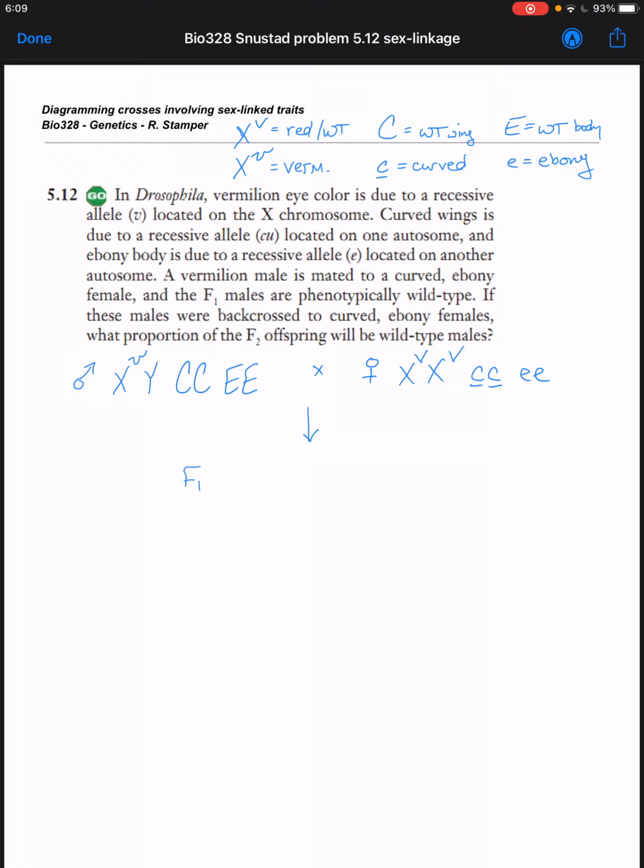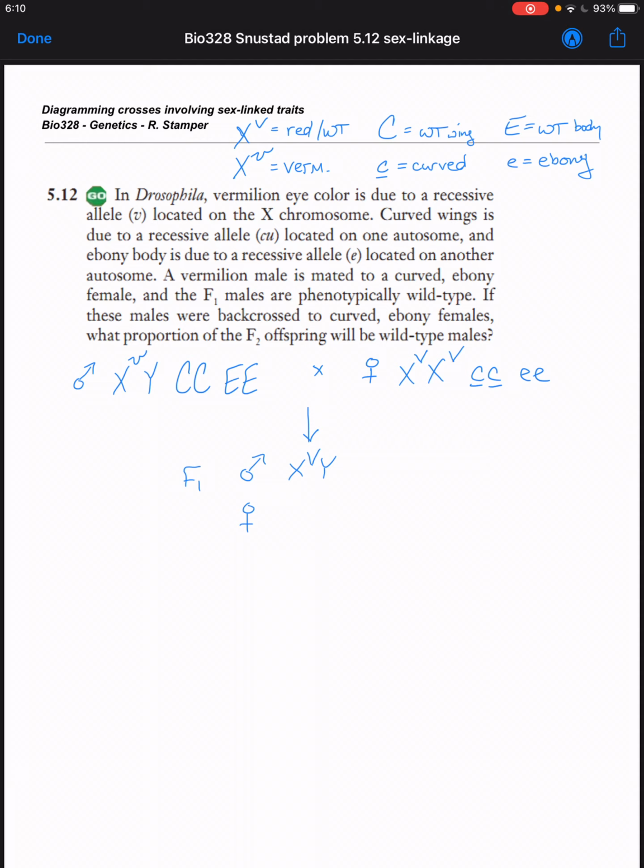Now because there's a sex-linked trait in play, I have to separately list what the male and female F1s are going to look like. Now notice that if it's a male, it will have genotype XY for the sex chromosomes. Since the Y came from the parental male, the X must come from the parental female, and she only had the wild type eye color allele to give. So I have X capital V Y for the male XY genotype.